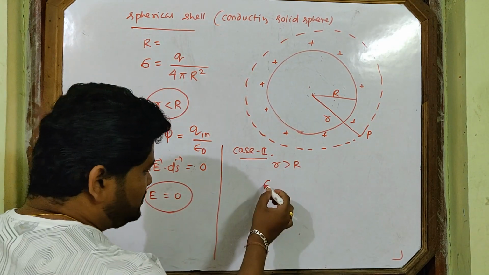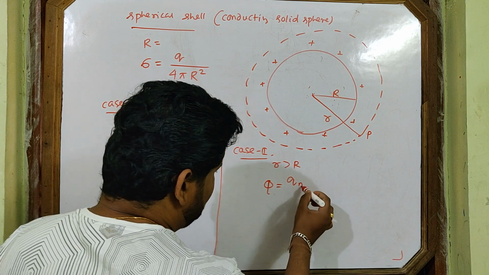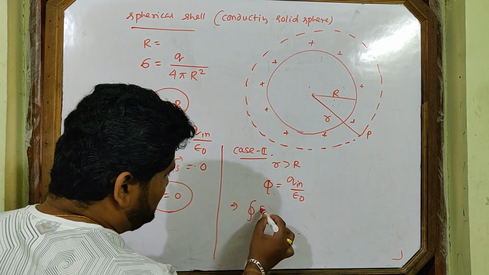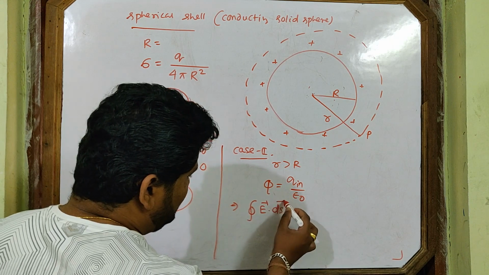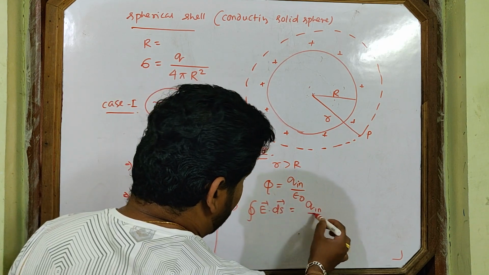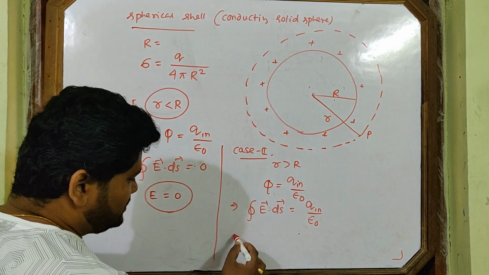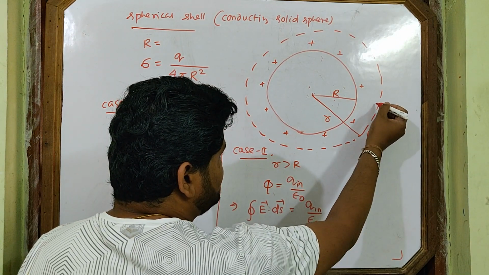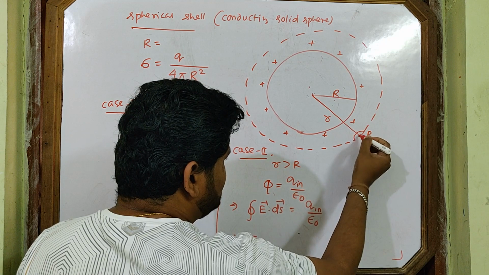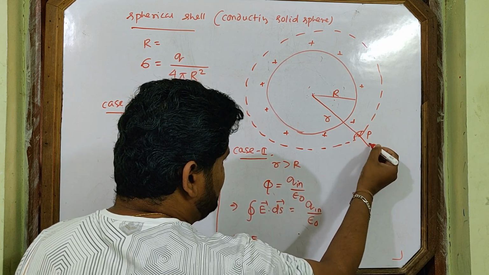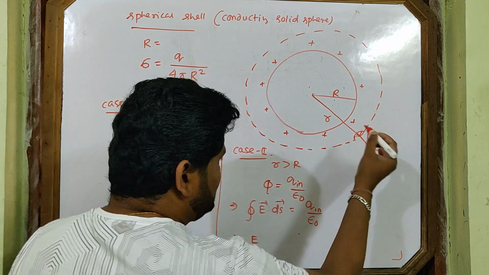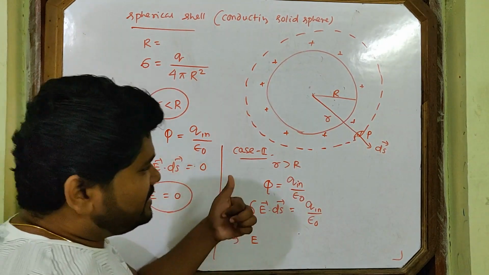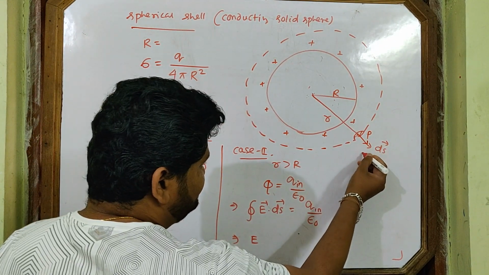Again use Gauss law. Phi is q in by epsilon naught. But what is phi? E dot ds equals q in by epsilon naught. Everywhere on the Gaussian surface, consider a small elementary area vector. This is the ds vector along the radius, and the electric field will also be in that direction.